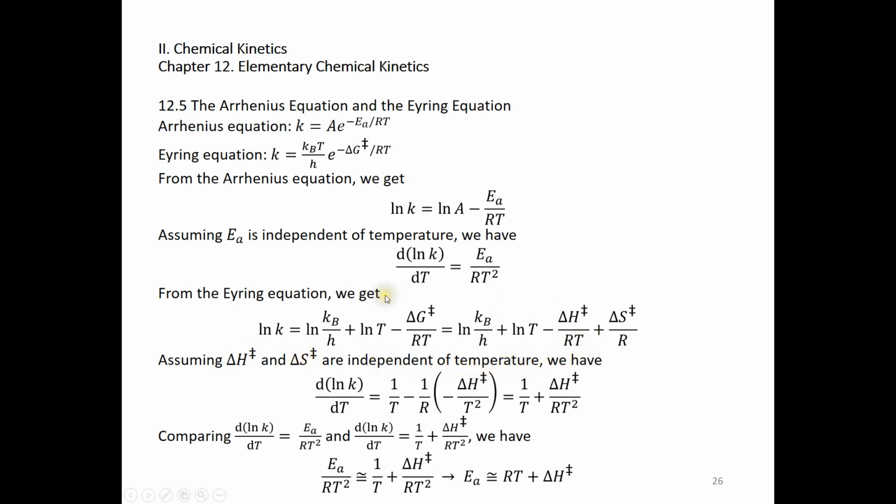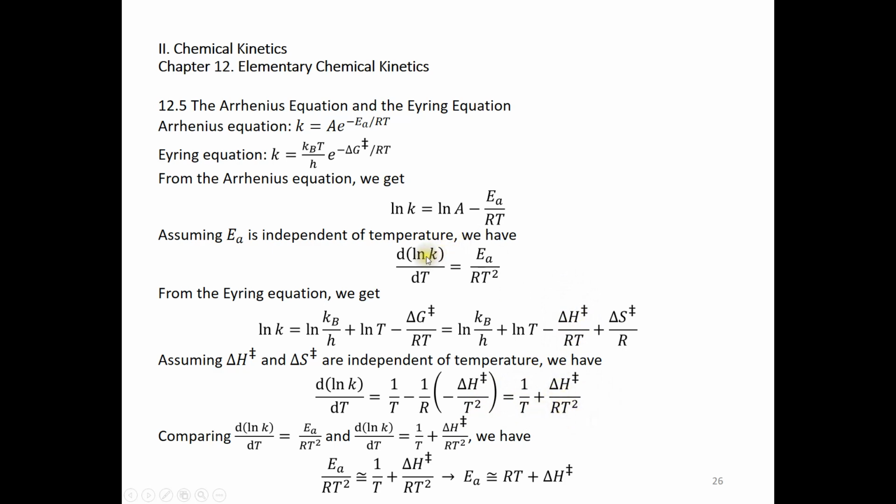We can take the first derivative of ln(k) with respect to temperature. We get 1 over T, which comes from ln(T), and then this is the first derivative of the remaining terms: 1 over T plus the enthalpy of activation over RT squared.